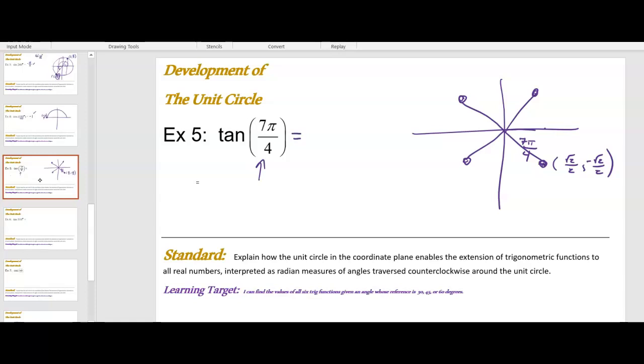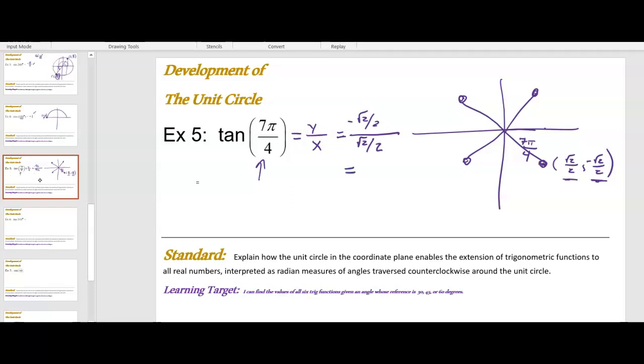All right, so here we go. Tangent, by definition, is y over x, which in this case is negative root 2 over 2 over root 2 over 2. And you're going to see this over and over. Anytime you take tangent of a 45-degree reference, it's always going to be a number divided by the same number, plus or minus.